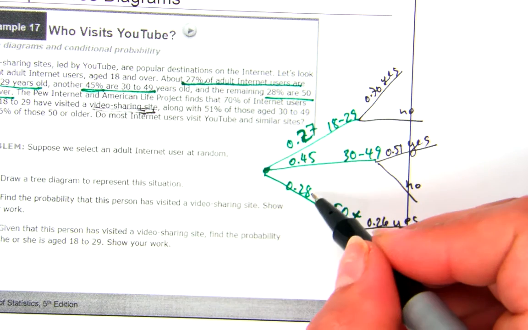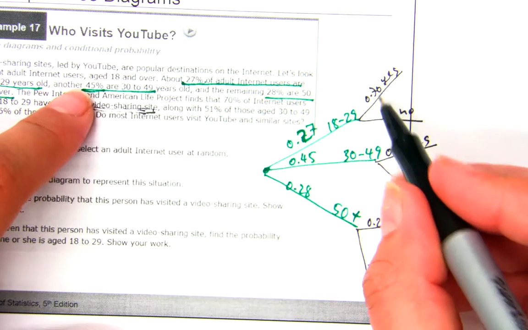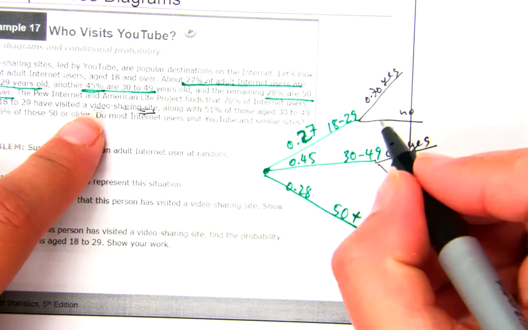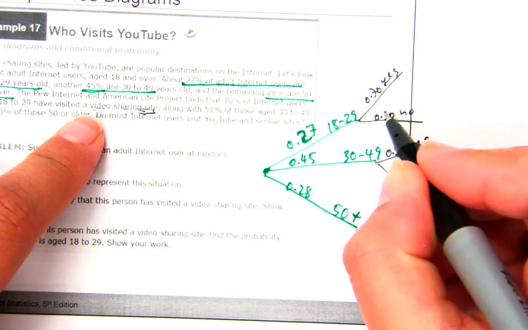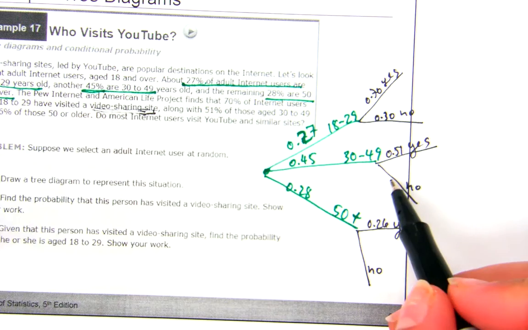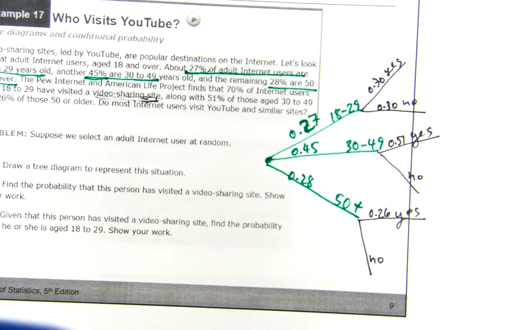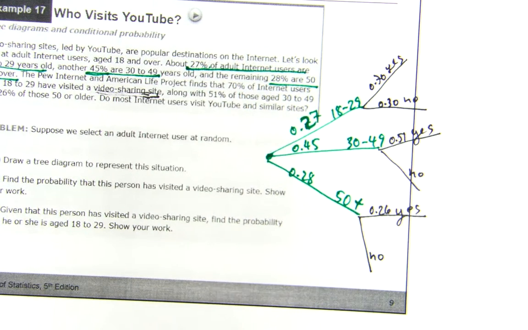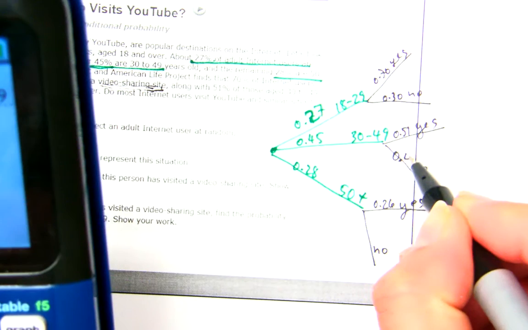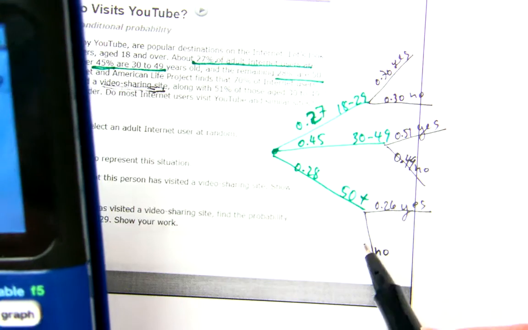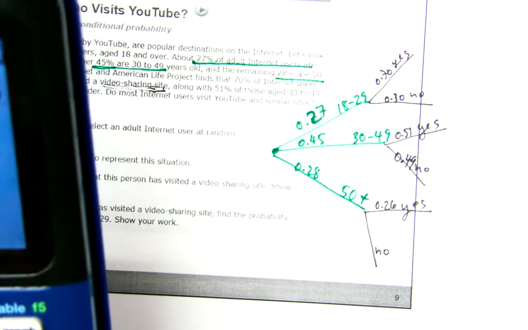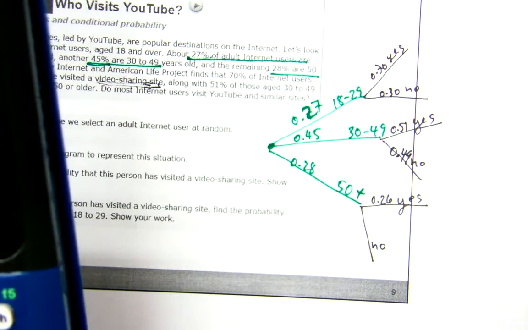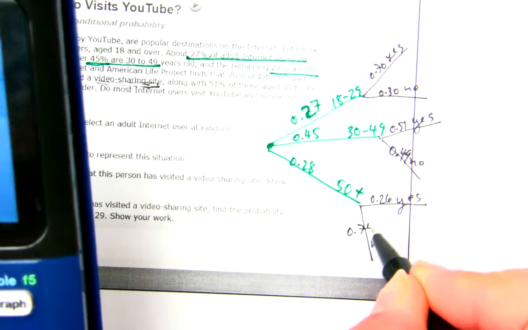So like 27 plus 45 plus 28 adds up to 100. 70 plus something has to add up to 100, which makes it 0.30. 51 plus something has to add up to 100. So 0.49. Oh, duh. I could have done that in my head. And then the last one. We got 0.74. Okay.